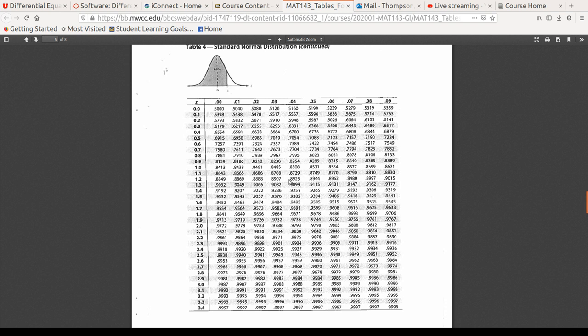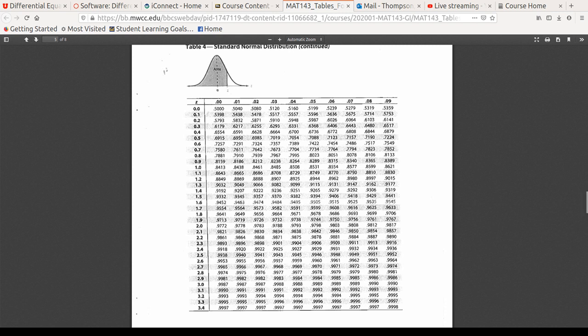So if I had a Z-score of 1.96, this was the 97.5 percentile. And so we knew something about it. It was within the 97th percentile. We had this probability. We converted it to the Z-score.